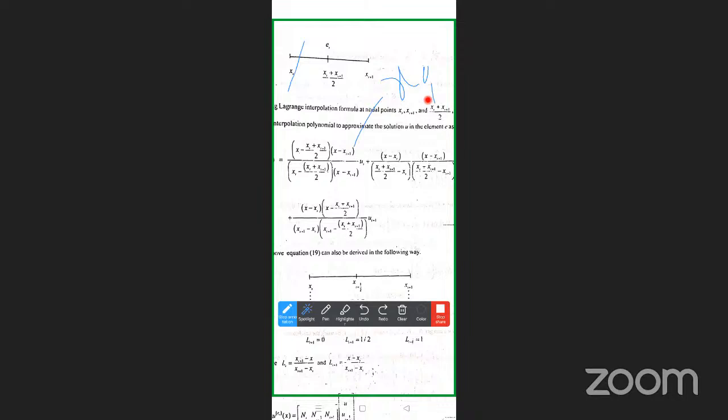Is that clear? So x minus the second term into x minus the third term, divided by the term with the leaving variable substituted.